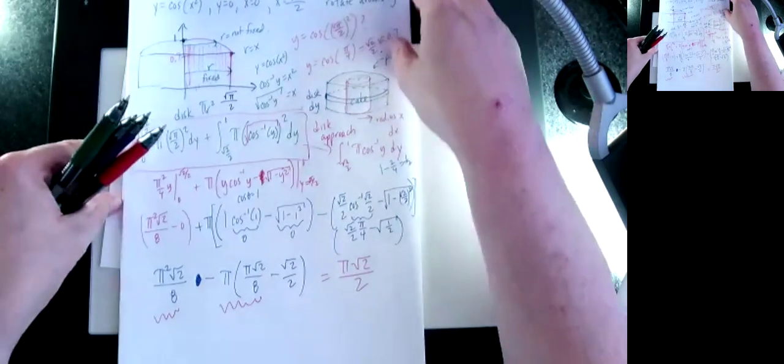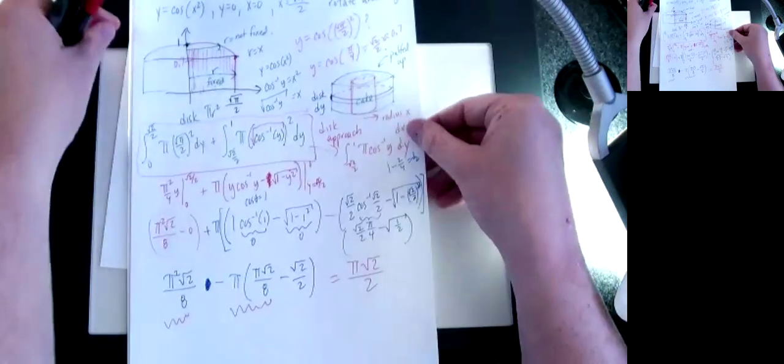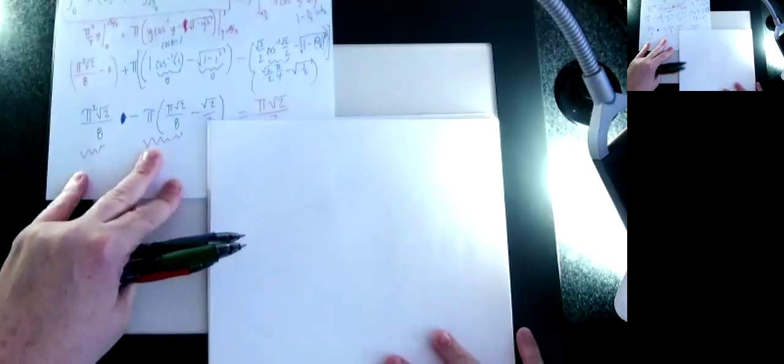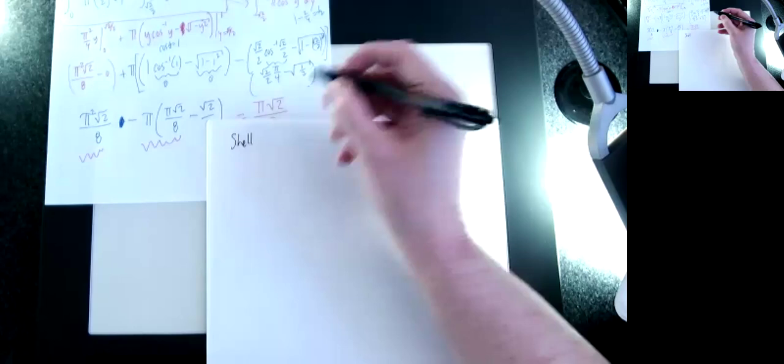That was the disk and washer method. Let's see what we get with the cylindrical shell method. So the shell method, we're having hollow shells like that.